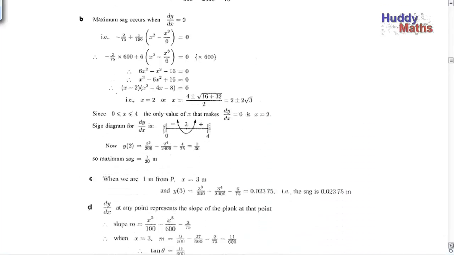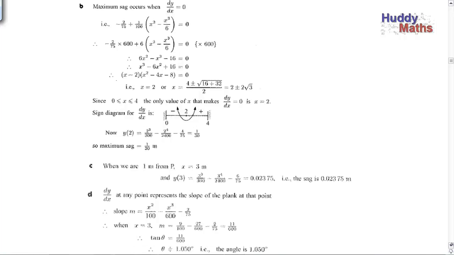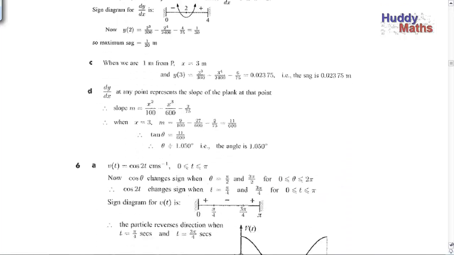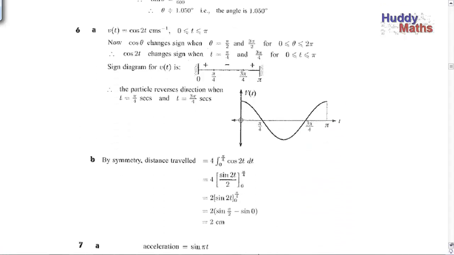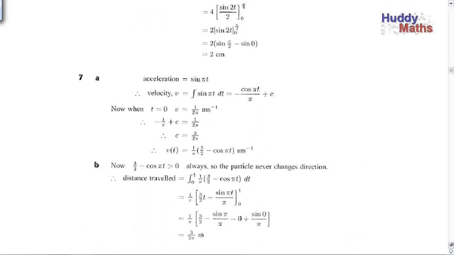And we'll get a bit more in. B and C. And D. Going to question 6, A and B. Question 7.